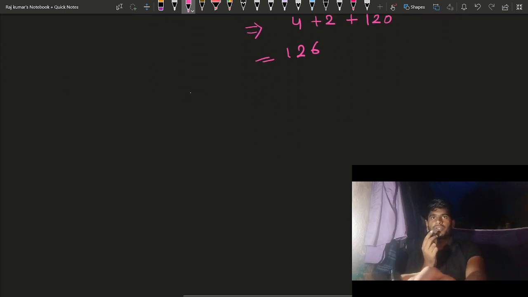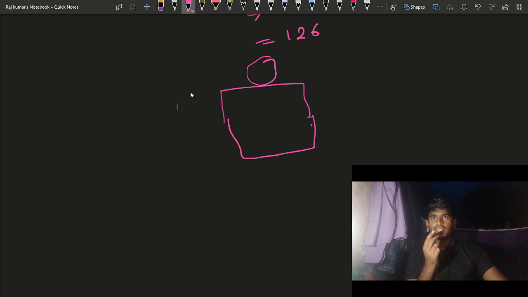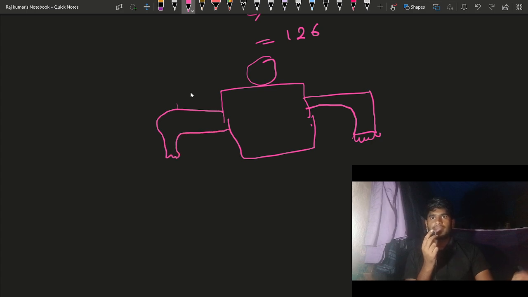Just a minute, I want to try to explain once more. See what I'm saying. This is a head region, and this is our hand, here phalanges, and this is also, and this is our leg.